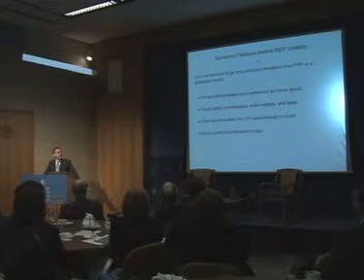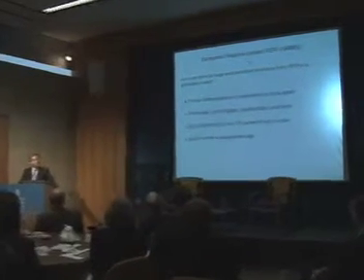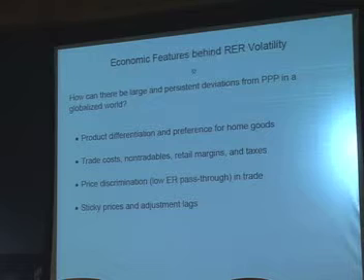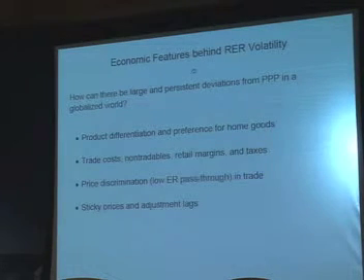How can this happen? How can there be these very large and persistent deviations from purchasing power parity in a globalized world? The UK is a relatively open economy, for example. Well, the book sets out 4 channels, and the bottom 3 have been the subject of a lot of research, and I've worked a lot on the third one there.